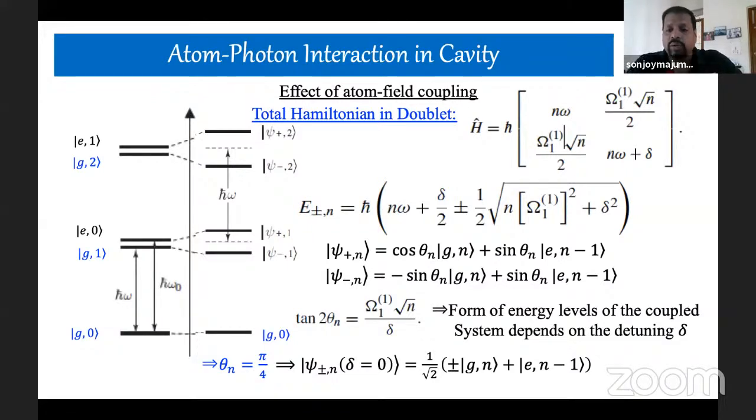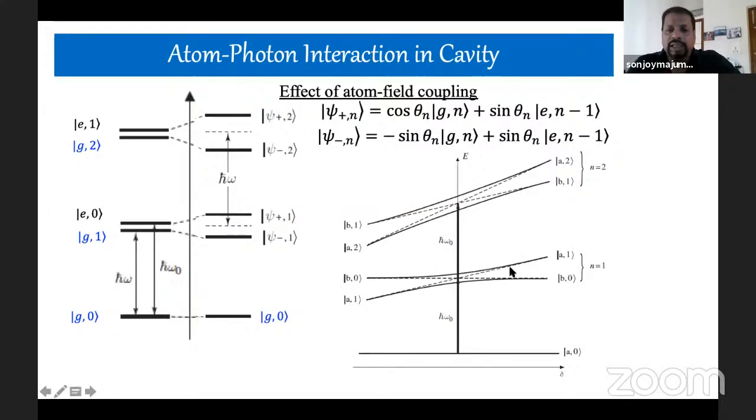So in the last slide for today, because I will have some more slides on the same system, I want to show how this entanglement depends upon delta, the detuning. The x-axis is delta.